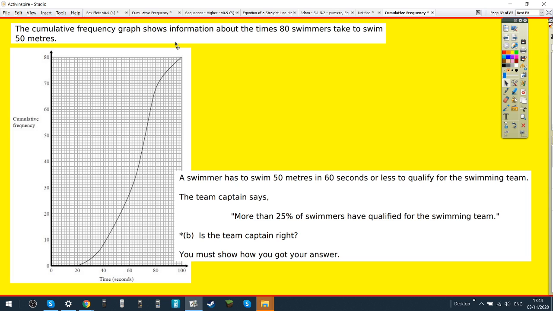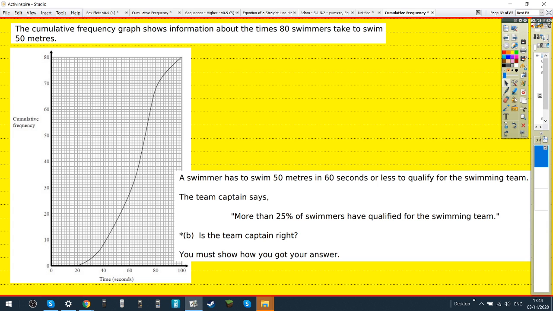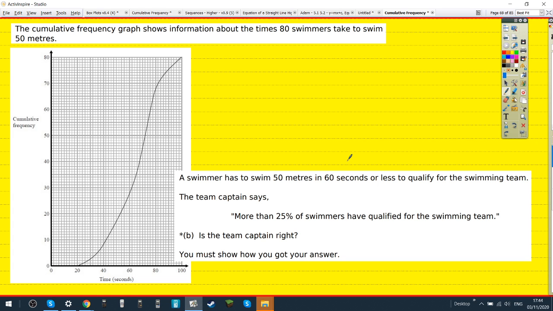Cumulative frequency information about the times of 80 swimmers. A swimmer has to swim 50 meters in 60 seconds first, and 25% of them are the team captain, right?